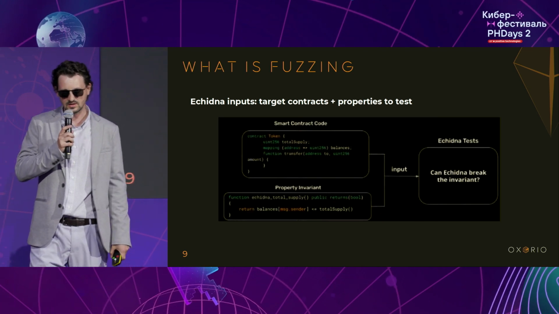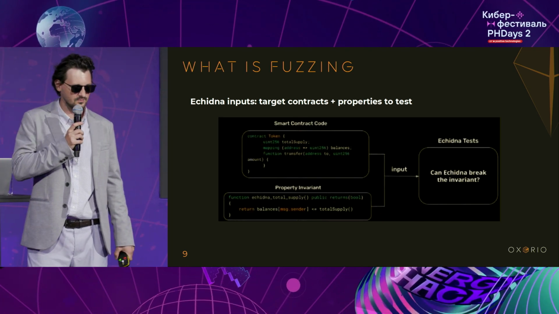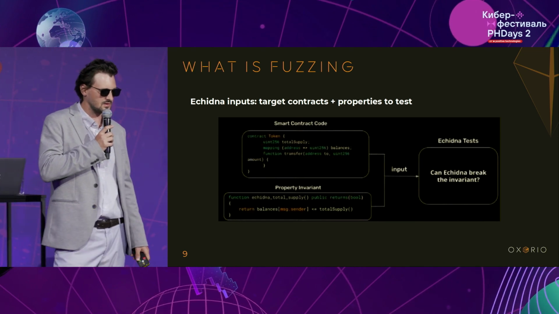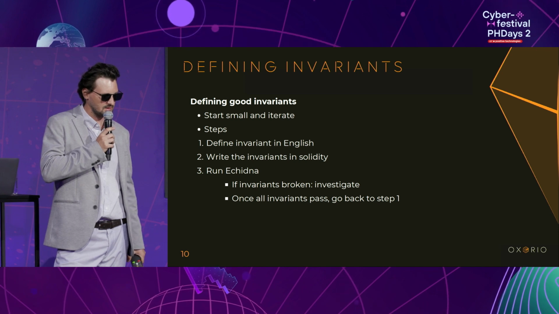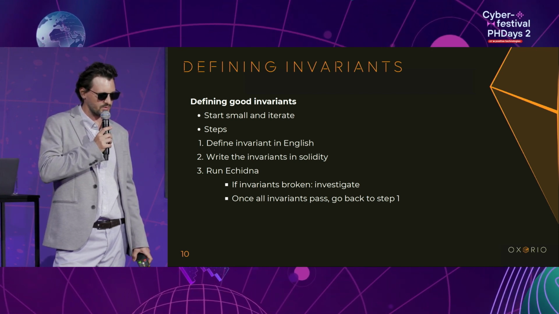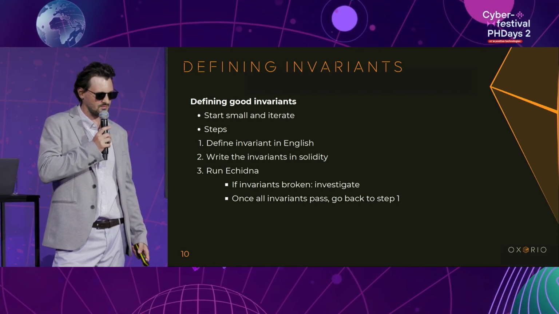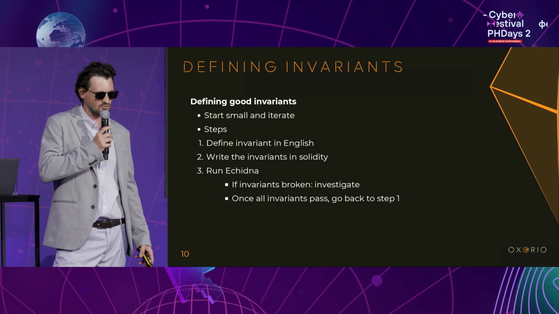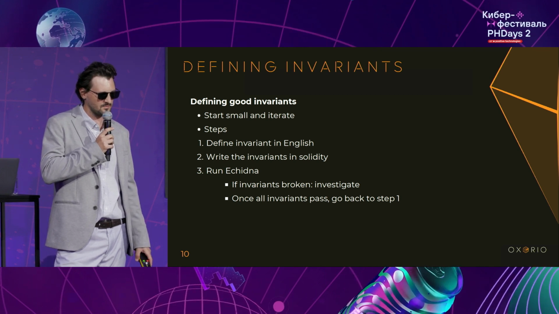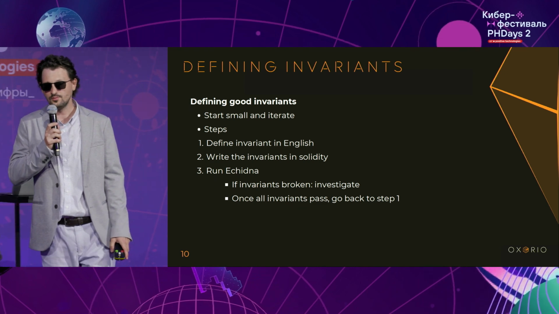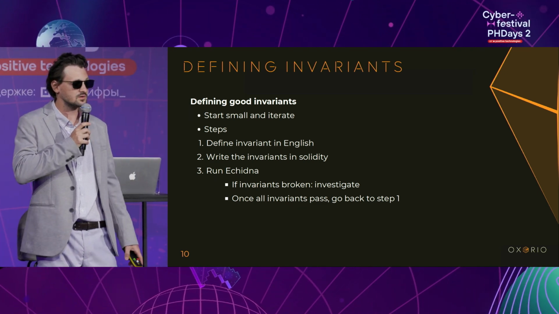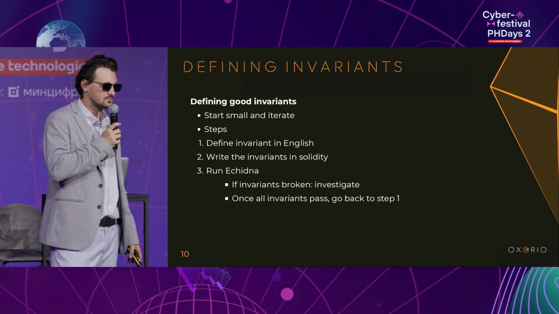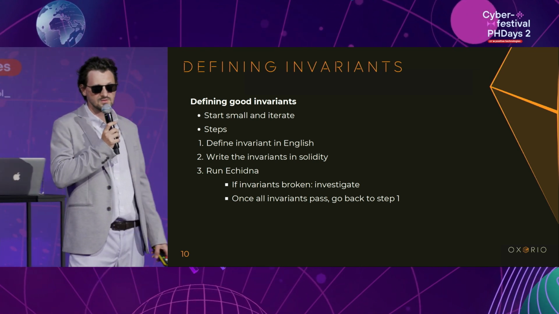Defining invariants poses a lot of challenges for people who are only starting with fuzzing tests. Therefore, we have a very simple approach to defining invariants. We just formulate this in words: the balance should be less than the number of tokens in the system.